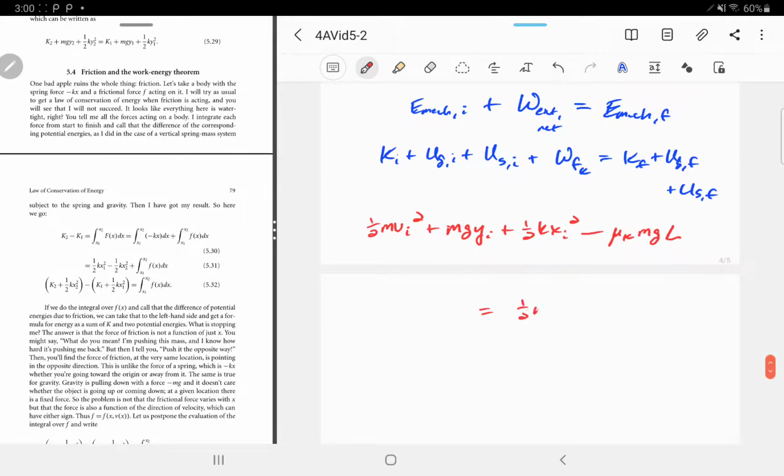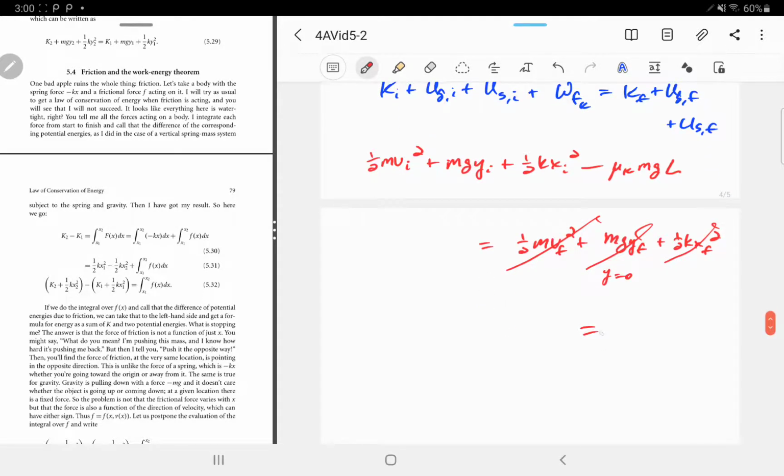This is equal to the final values of the kinetic energy, the potential energy, and the spring potential energy. The spring is not compressed or expanded finally. Our final y value is 0. We're going to set that equal to 0. And then the thing comes to rest finally, so our final mechanical energy is 0.